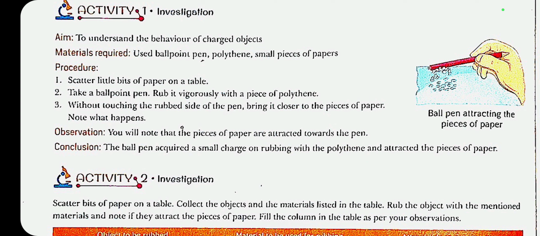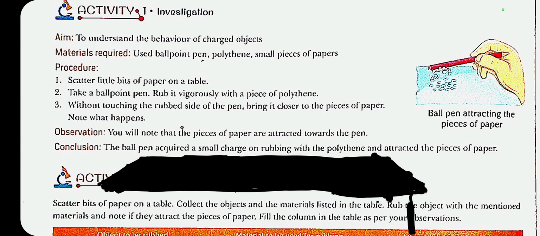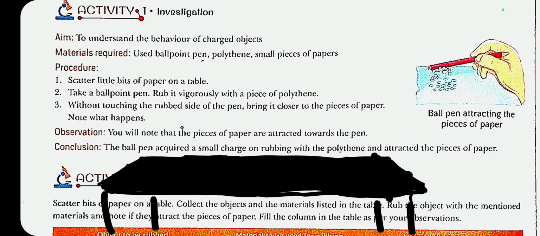So what do we have to do? Procedure. Step 1. Scatter little bits of paper on a table. This is our table, okay? Sorry for my bad drawing. Now scatter little bits of paper on a table. They didn't mention that we need a table in the materials, but don't worry, I'll write it.